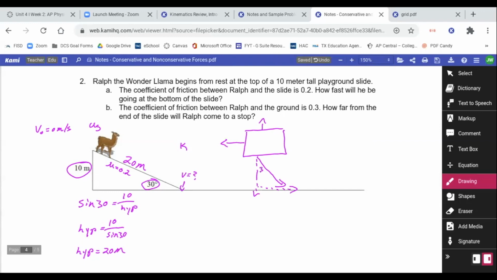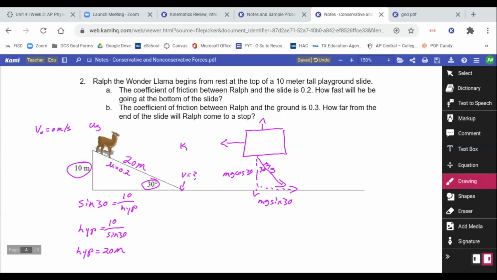We know that this is 30 degrees, the incline, okay? If this is mg, then the bottom part would be mg sine of 30, and the vertical component would be mg cosine of 30. We know that he's not accelerating up or down.